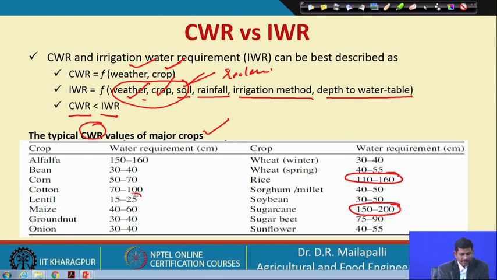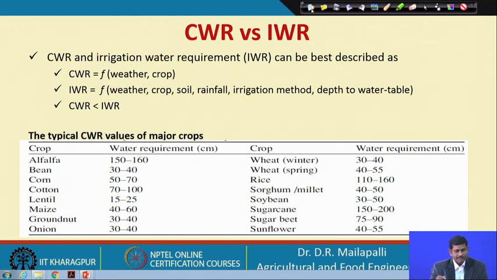The least could be lentils, 15 to 25 centimeters. So it varies from crop to crop, and also with how long the crop is in the field. Sugar cane is there the whole year, whereas rice is seasonal. This way the irrigation water requirement is always more than the crop water requirement.